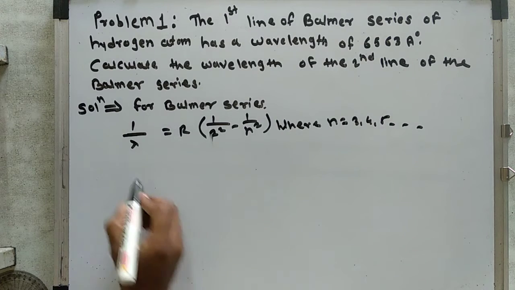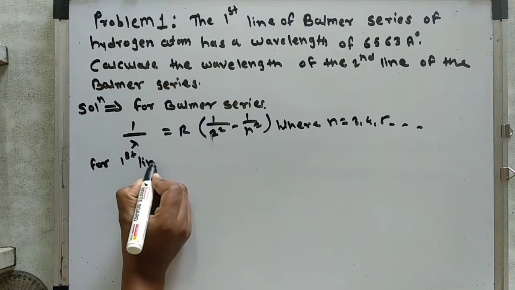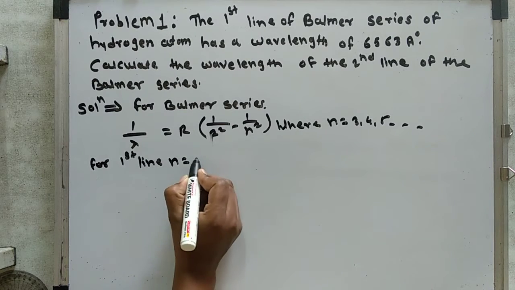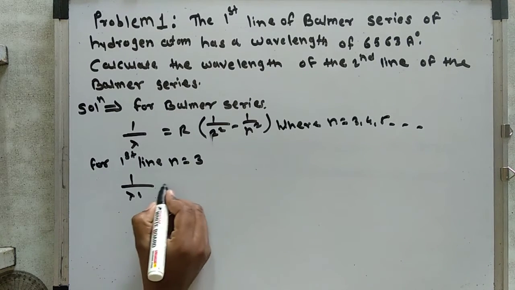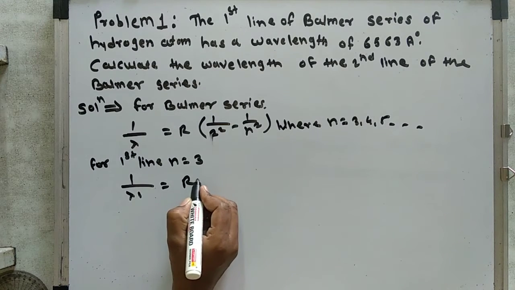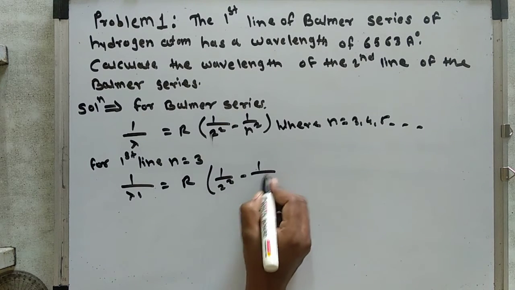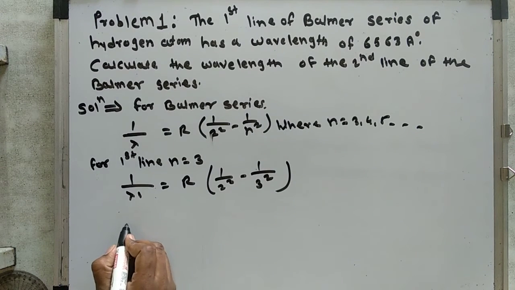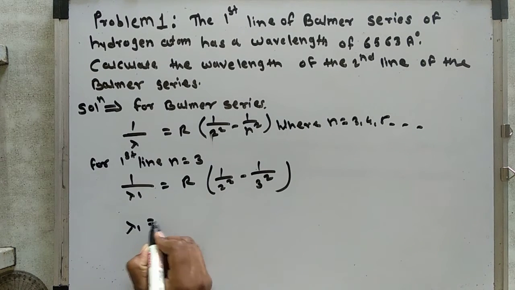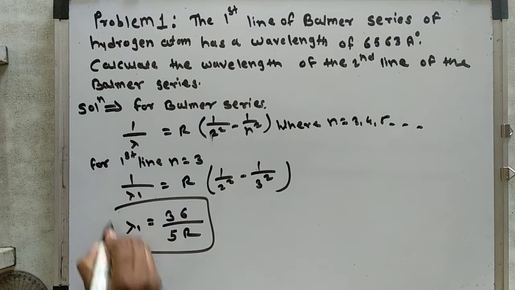For first line n is equals to 3. Therefore 1 upon lambda 1 is equals to R into 1 upon 2 square minus 1 upon 3 square. Solve this. So lambda 1 is equals to 36 upon 5R.